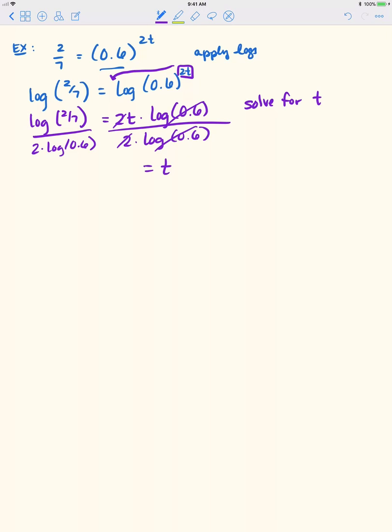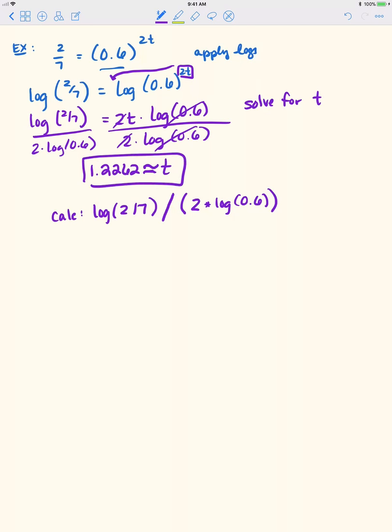Just be really careful on calculator entry for this, because you'll have to do log of 2 over 7 and close it. You can get an answer there if you want, but you'll divide that by the quantity of 2 times the log of 0.6. Again, if you divide the log of 0.6 and then divide the 2 separately, the calculator operation is up to you. But in doing so, you get that t is approximately 1.2262. Okay.